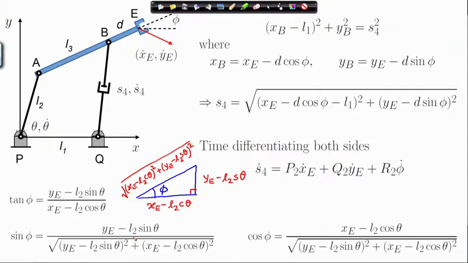Now, in these relations, what I have done therefore is I have replaced sine phi and cosine phi in terms of x e, y e and theta. Once I have done that, these terms P 2, Q 2 and R 2 are only functions of x e, y e and theta.